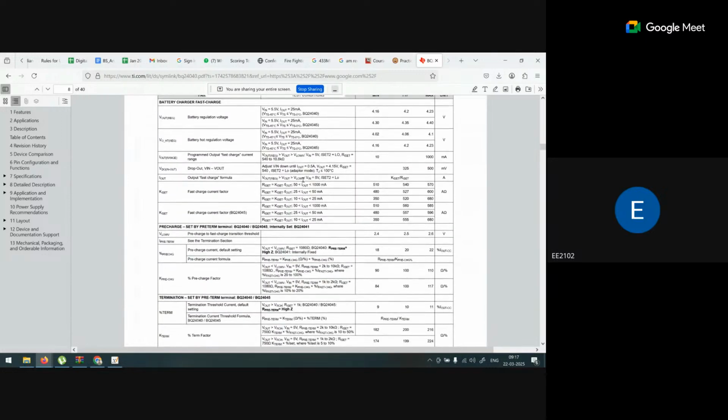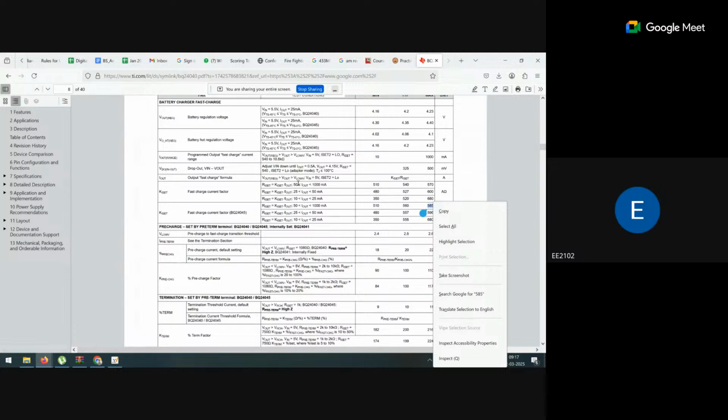The formula here is also I out, the output fast charging current, equal to K I set upon R I set. Now, if we are talking about the 24045, when I out is above 50 milliampere, K I set is 510, 560, 585.